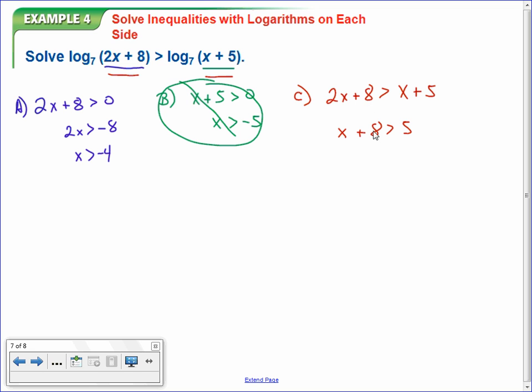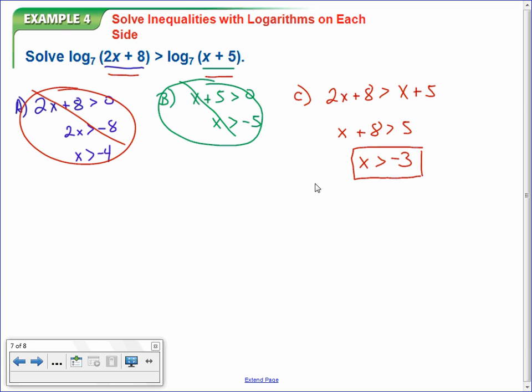Let's subtract 8 from both sides. 5 minus 8 is negative 3. Now, think about this. If x has to be greater than negative 3, naturally it's going to be greater than negative 4. And so I don't need this one either. So right here is my final solution.